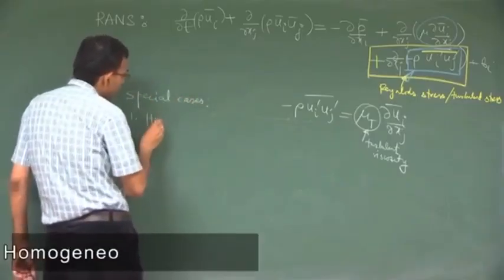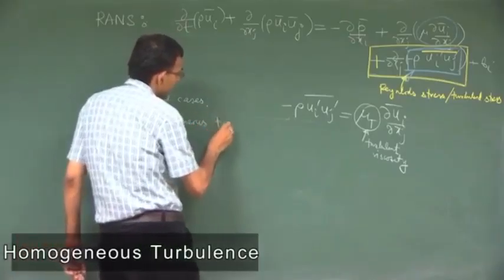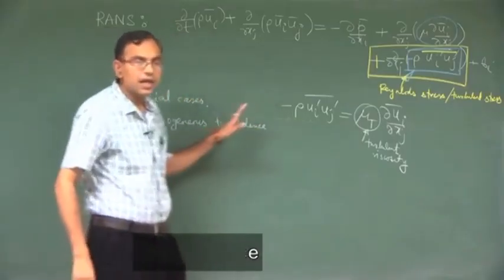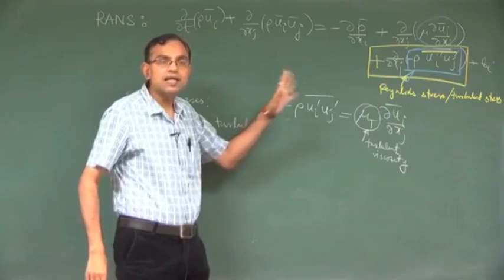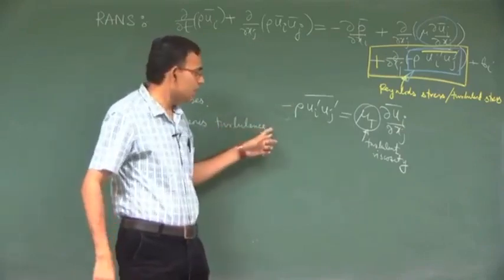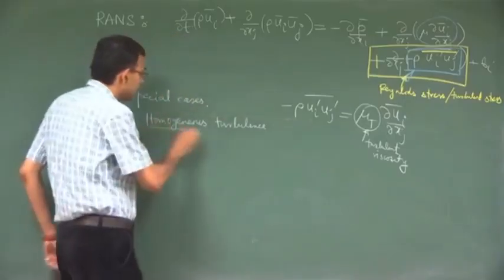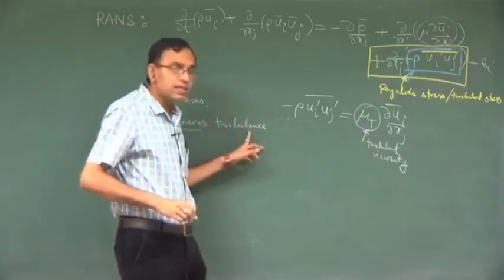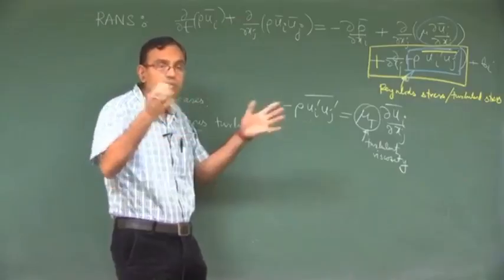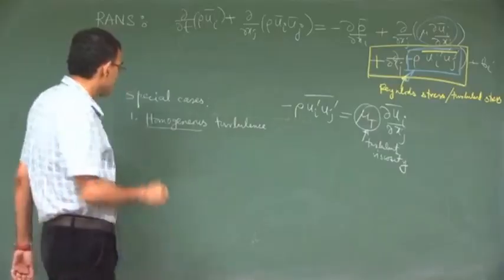Number one is homogeneous turbulence. Homogeneous turbulence is a case where the turbulent statistics, that is for example average, RMS, etc., are not functions of position. Homogeneous term we have already discussed, but homogeneous turbulence only talks about the homogeneity in the statistical representation, not the homogeneity in the parameters, because parameters are all distributed over position.